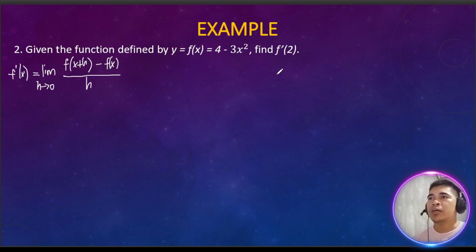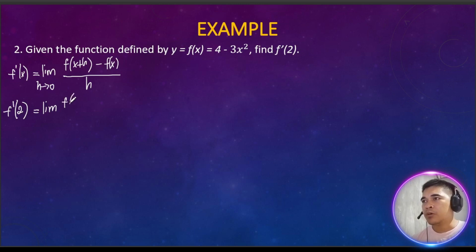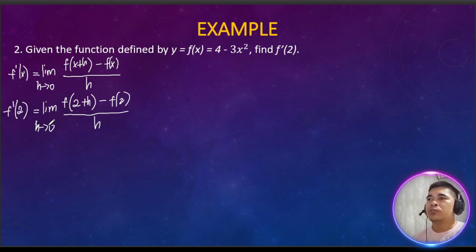Okay, since we have f prime of 2, we get f prime, tapos ang x pulihan of 2, is equal to limit f of 2 plus h minus f of 2 all over h as h approaches 0.